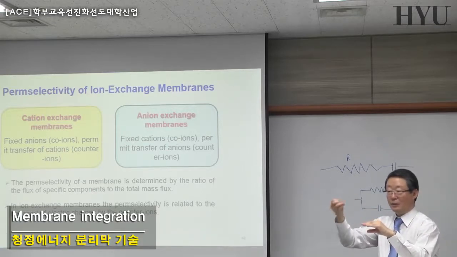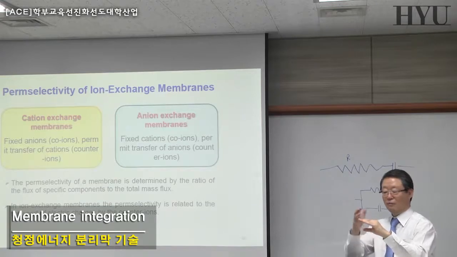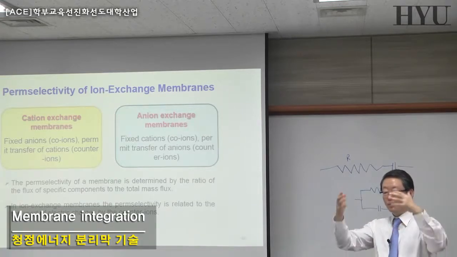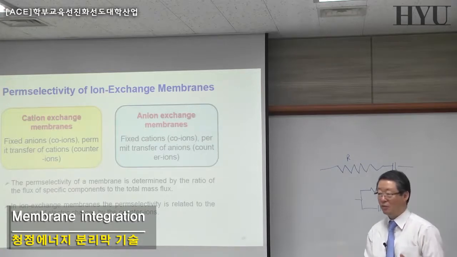If there is no exchange of the anion coming through the membrane, your selectivity is 100%. If your membrane passes both of those two ions, then the selectivity is 0.